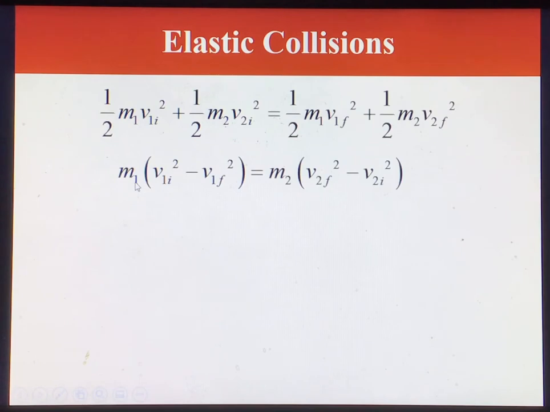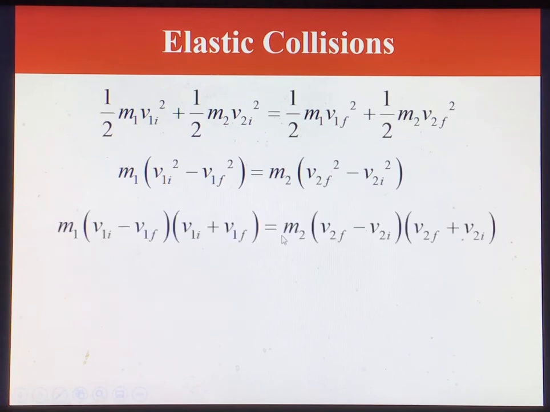So I can write this as just M1 into V1 initial square minus V1 final square is equal to M2 into V2 final square minus V2 initial square. So I'm just rearranging this equation here to get this equation. Now, I can take this and rewrite it in this form here, just because I know that V1 initial square minus V1 final square can be written in this form, and V2 final square minus V2 initial square can also be written in this form like that.